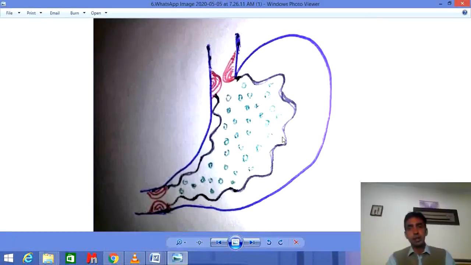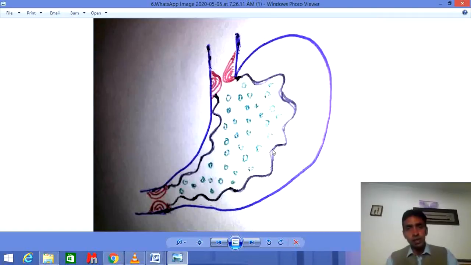This is wrinkled so as to give more surface to the food. The rugae give a large surface to the food for digestion and absorption. You can also see in the mucosal layer there are small pores.